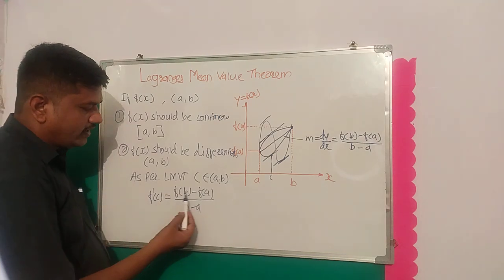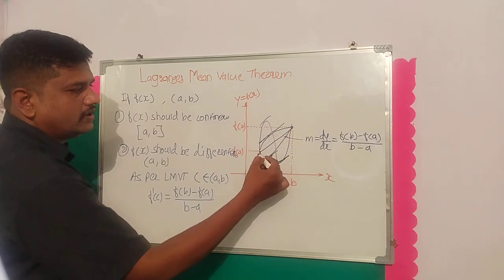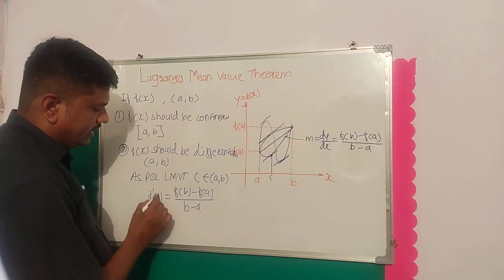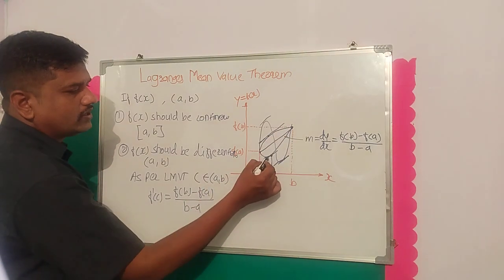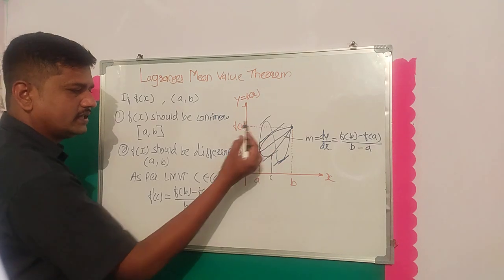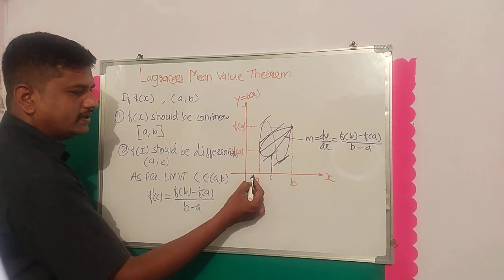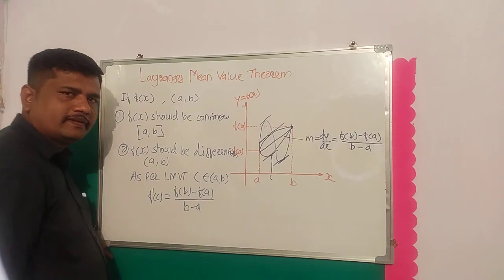Here you can see this is the slope of the line joining the start point and end point of these two points, and f dash of C is the slope at a point on the curve. Now this slope must be equal to the slope of this line, and that point C must lie within A and B.